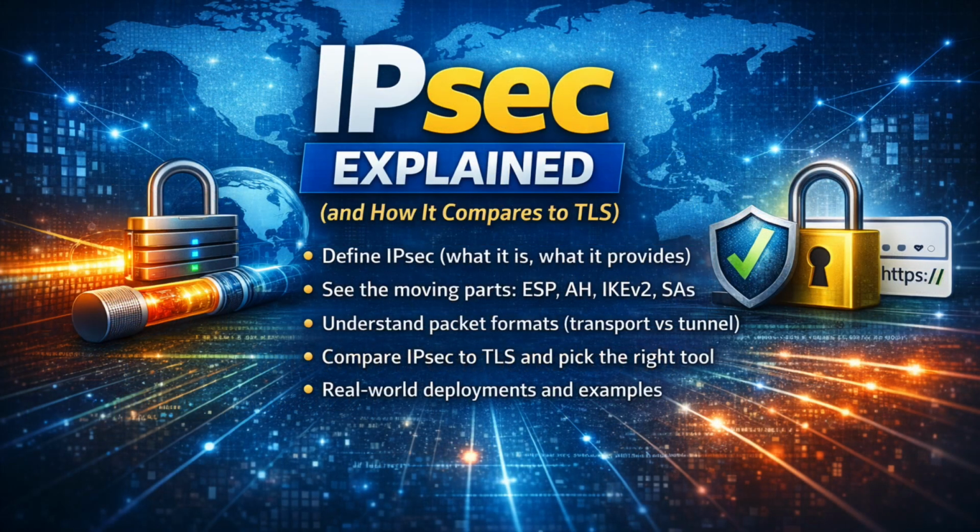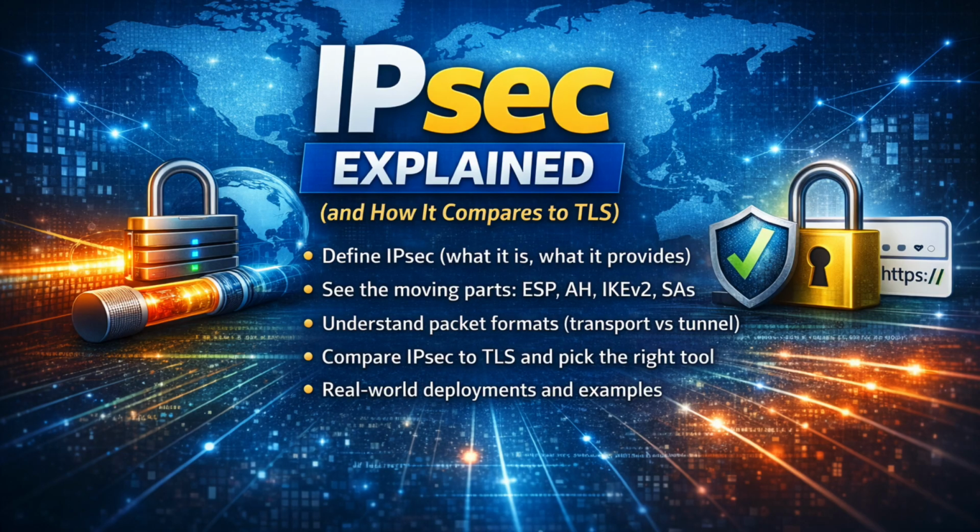Today we're going to unpack IPsec in a way that's practical for networking and security work. We'll start with a clear definition, what IPsec is and the security services it can provide. Then we'll look at the main components: ESP and AH on the data plane, IKEv2 on the control plane, and the idea of a security association, or SA, that ties it all together.